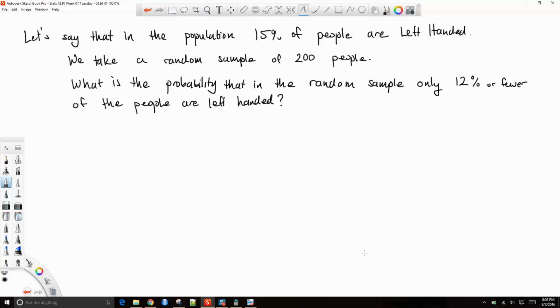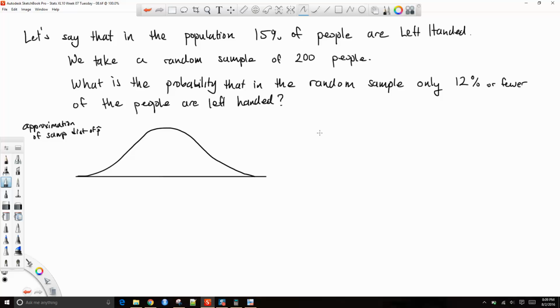All right, let's take a look here. When we set up our little picture, we're going to say this is an approximation of the sampling distribution of p hat.